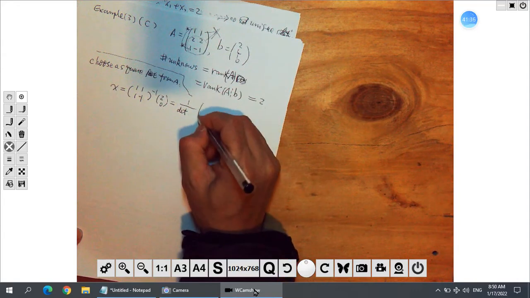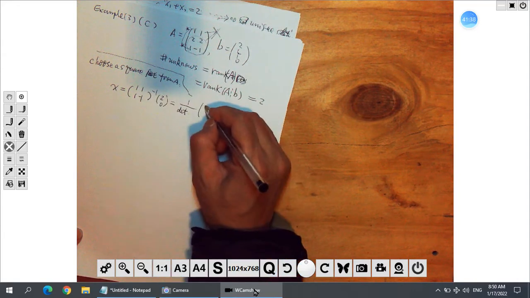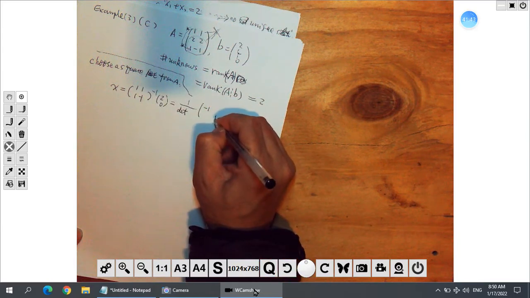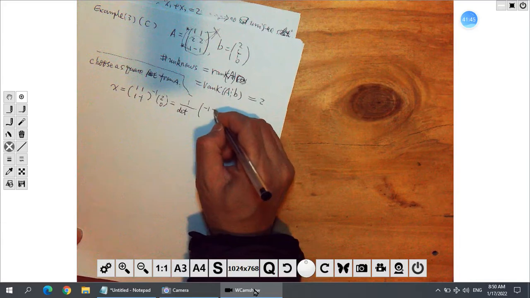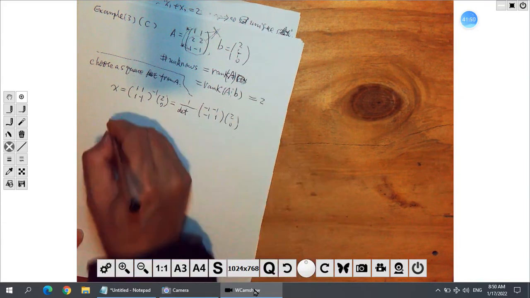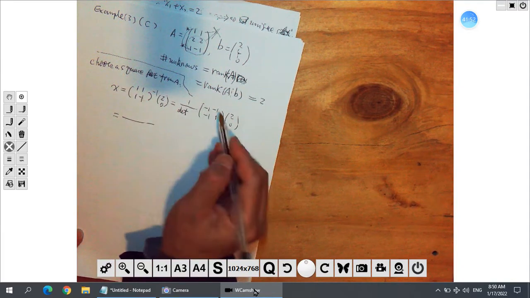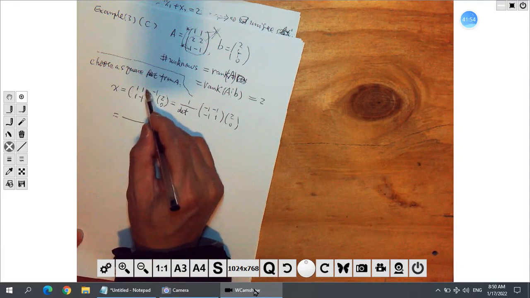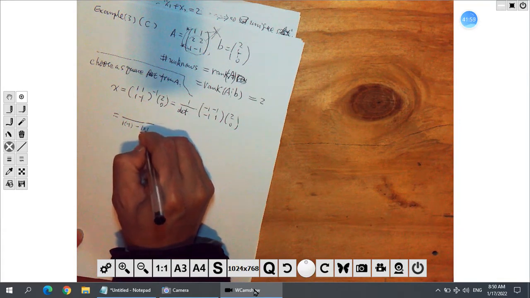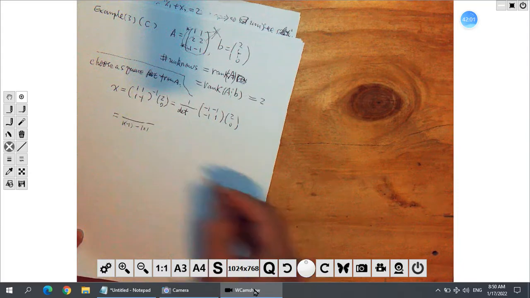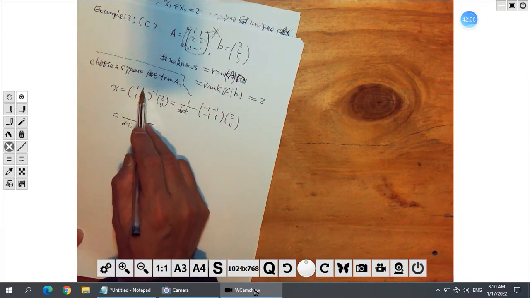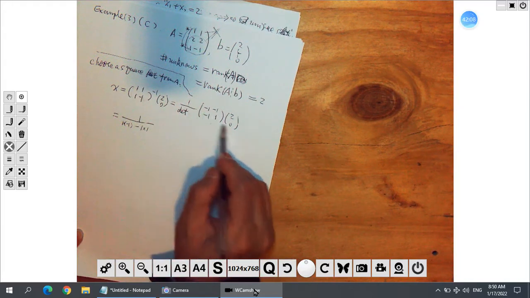Where we keep these two, you flip these 2 numbers, I get -1 and 1, and change the sign of these 2 numbers, I get -1, -1, and times 2 and 0. The determinant is 1 times -1 minus 1 times 1. And this one, I multiply, right?